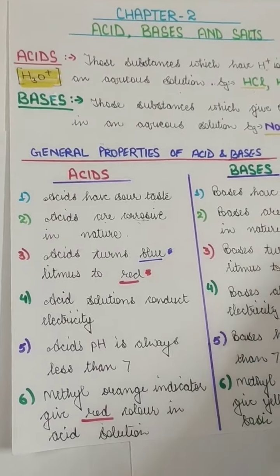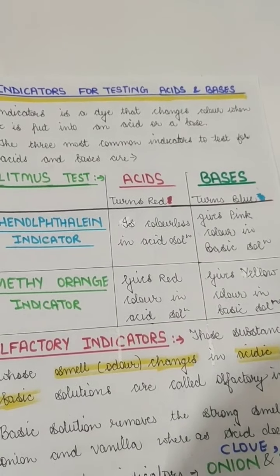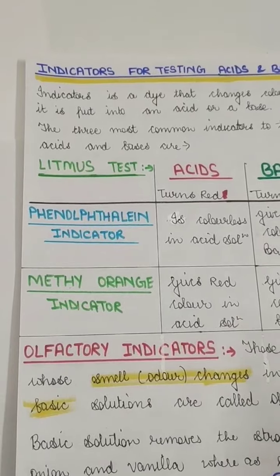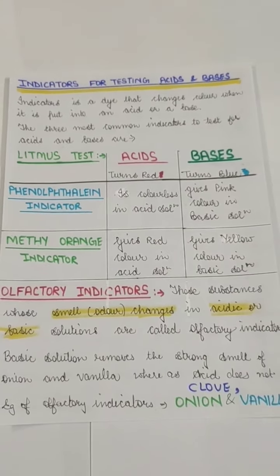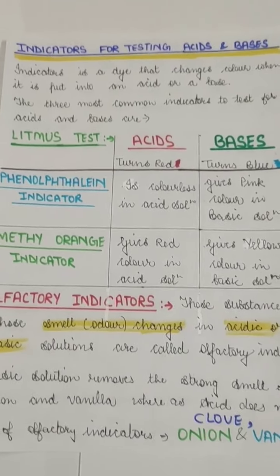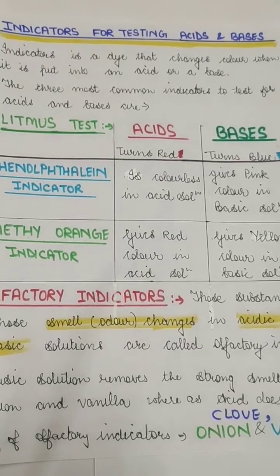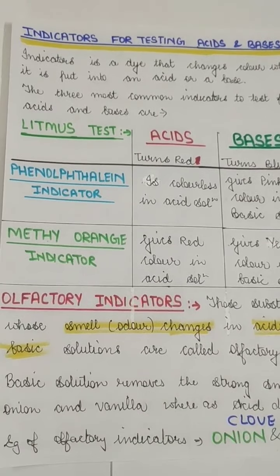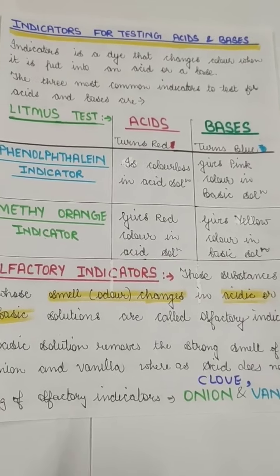Indicators are those things which are used to detect or identify acids or bases. Basically they are a kind of dye which changes the color of the solution when acids or bases are mixed in it.